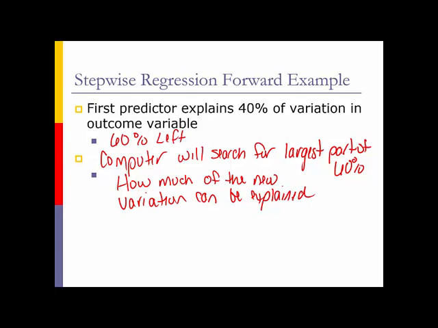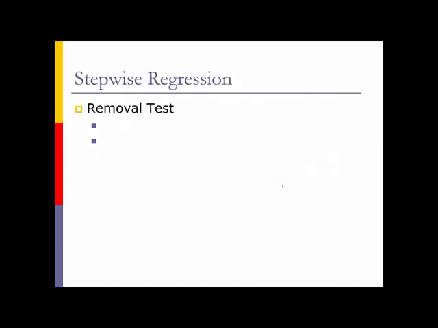But there are always times that we're never going to be able to collect all of the data that's in a model, and we just simply might not be able to predict very well, or we might not know what those other variables are. So stepwise regression also has a removal test in the forward method.